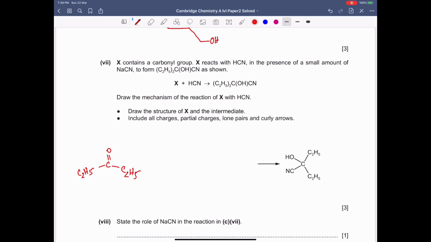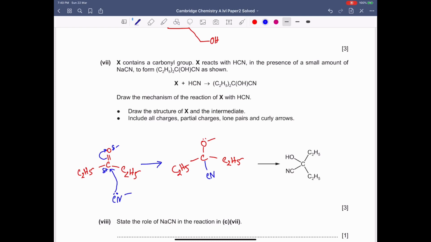So first, the partially negative oxygen will take all of its electrons from the carbon-oxygen bond, and a cyanide with its lone pair will then attack this particular partially positive carbon. In the second step, we have C2H5, C, O minus, C2H5, CN.